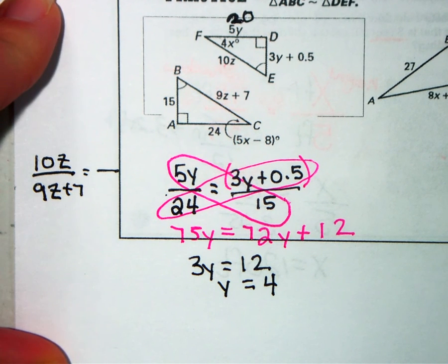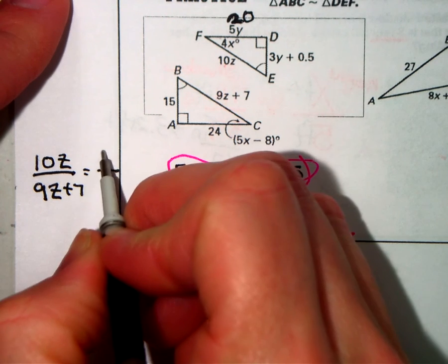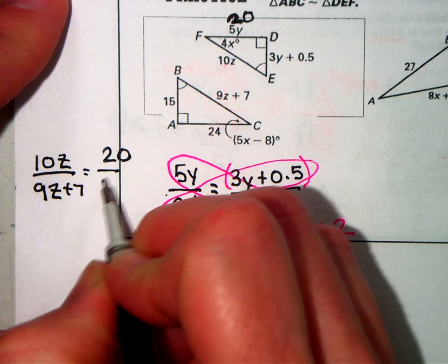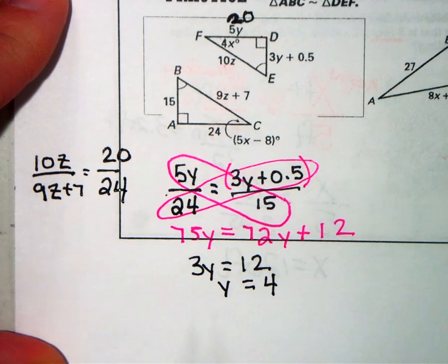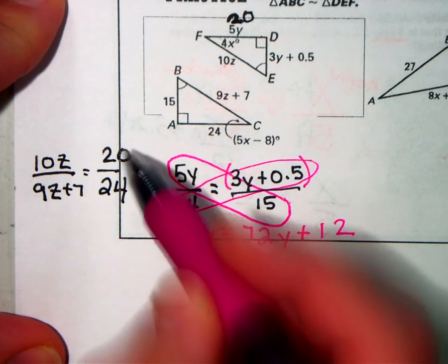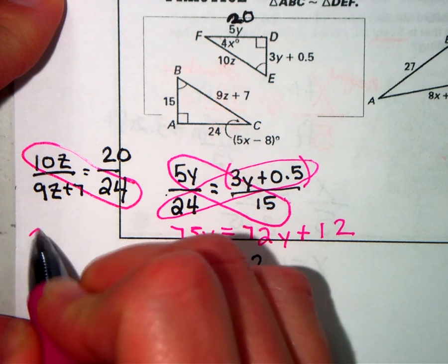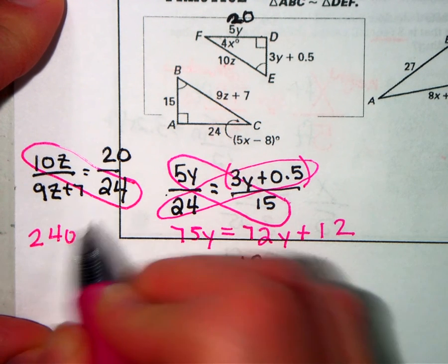Okay? I can't give you 5y because then I won't be able to solve it, but I can give you 20. So now that I have that 20, and then 20 goes with 24. So now we're ready to cross multiply. Okay, so 10z times 24 is 240z.